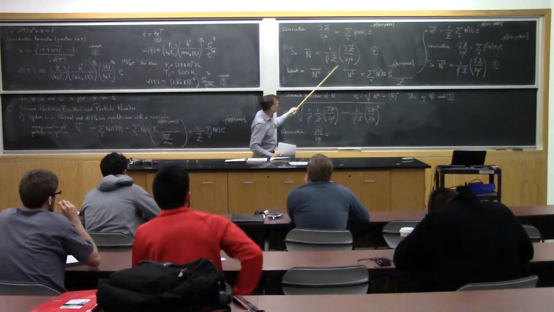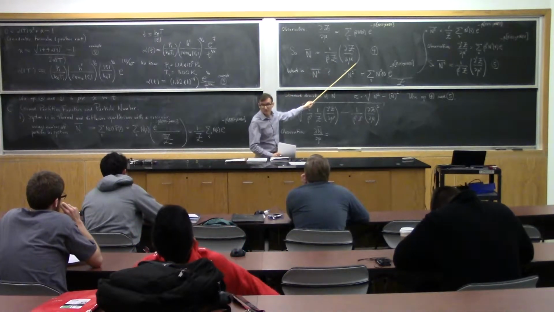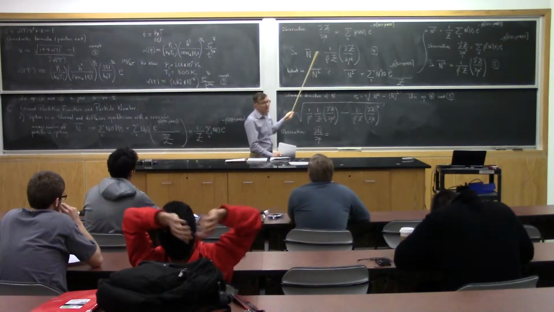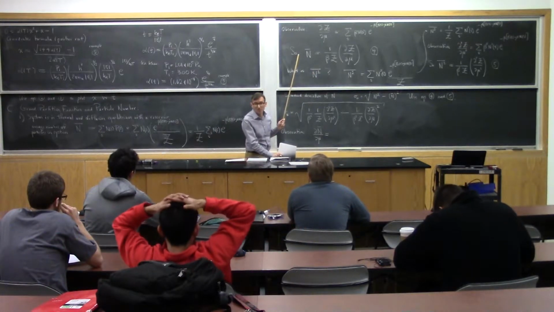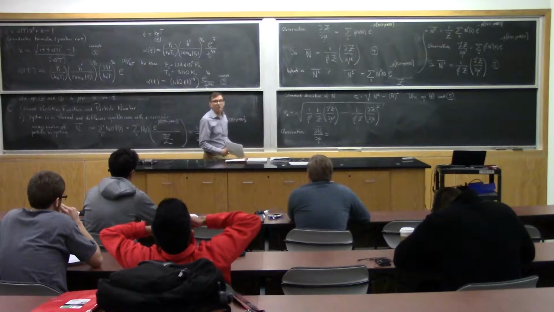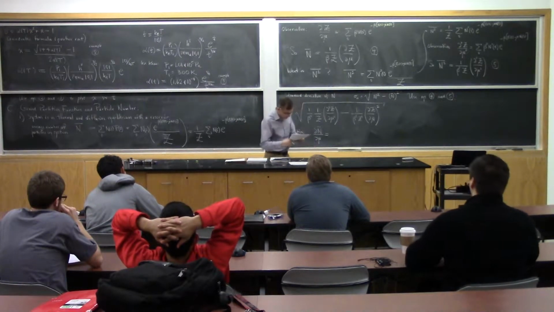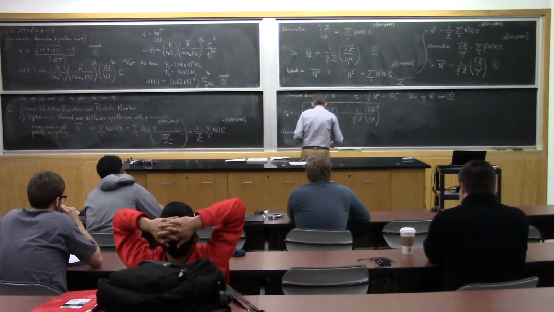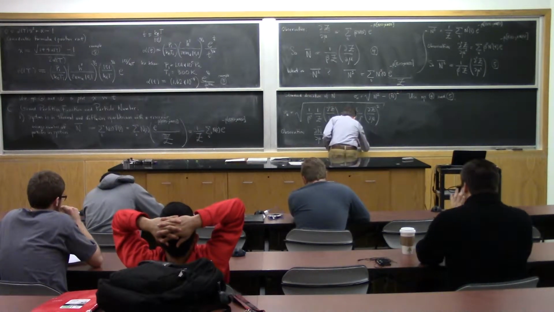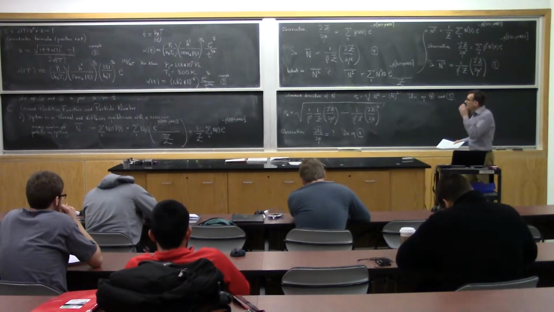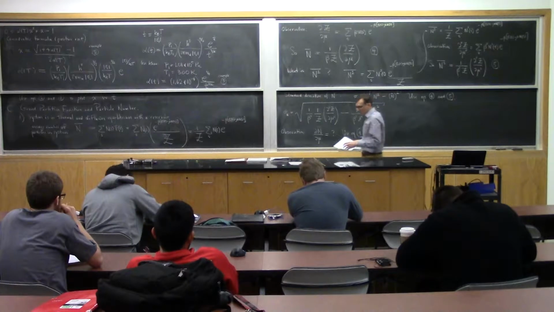But when all is said and done, and you've done this calculation to get the expression for n bar, it's going to depend on mu. So you can ask, what do I get when I do that derivative? Well, let's use equation 4. So I'll put a question mark there, and then I'll say use equation 4 for the expression of n bar. Take the partial with respect to mu.